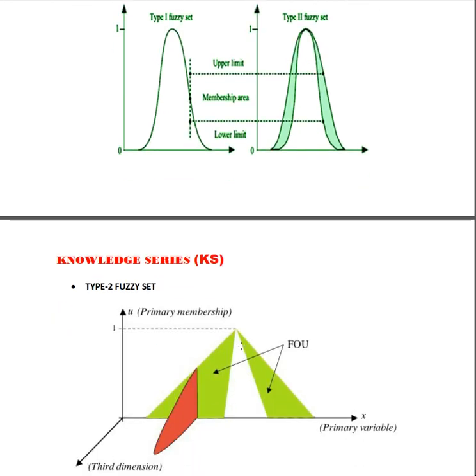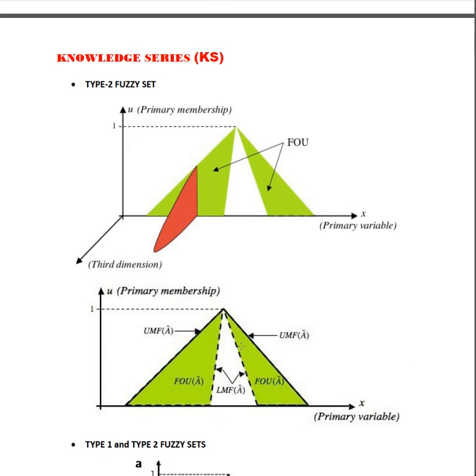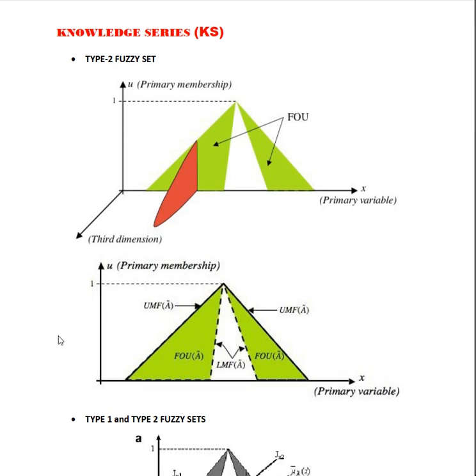With respect to this, Dr. Lotfi Zadeh worked on another set of representation, which you can see over here. That is the type 2 fuzzy set representation, with respect to the figure I have shown.